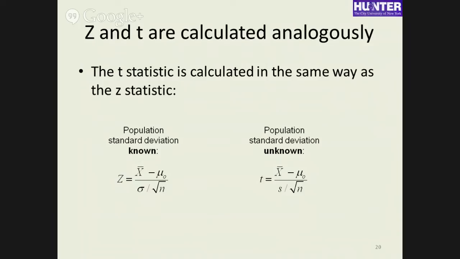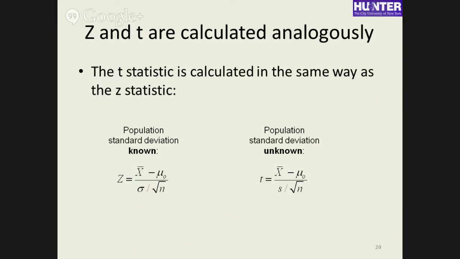So the question was, T is related to statistics from samples and Z for the population. So what are T and Z going to do for us?